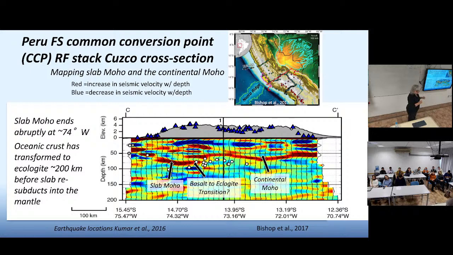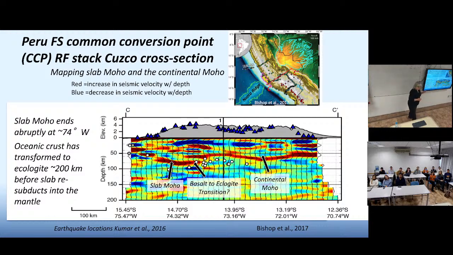Red is an increase in velocity with depth, and blue is a decrease. It's a little bit like reflection data, except instead of going down and back up, it's just coming up. Right away you can see this dark red we think is a continental Moho, and this red we think is the slab Moho. And look how close together they are.